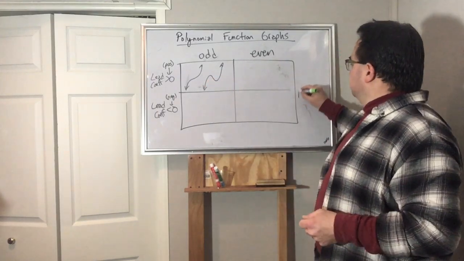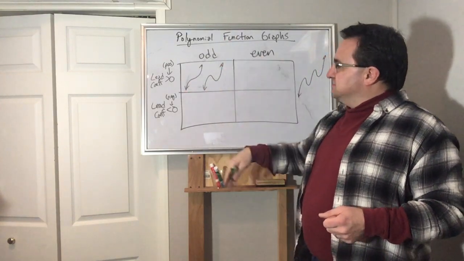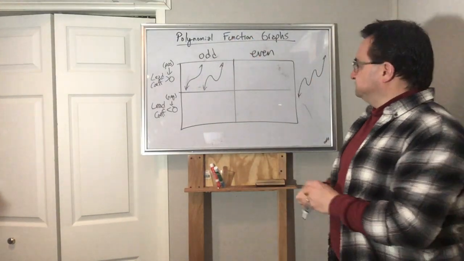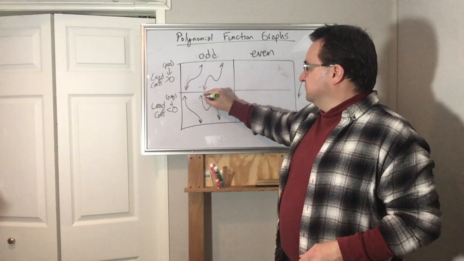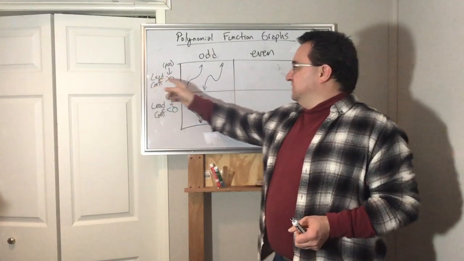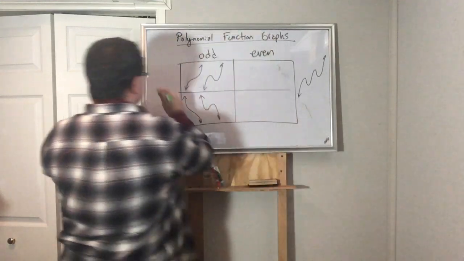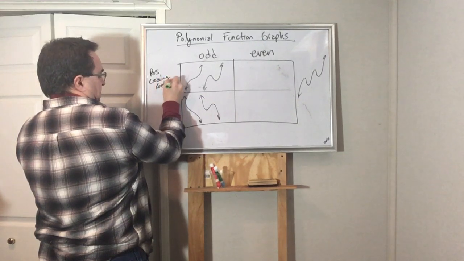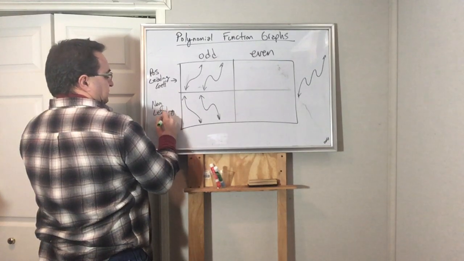Now, you can have multiple squiggles if you want to call them that, but notice how it starts low, ends high, kind of has that same look, although, you know, I'm playing around with the middle part there a bit. Or it could be the reflected versions of these. So that would be if it's odd degree, it's one of those two. And this is if it's a positive leading coefficient. This is negative. So I'm just going to write it that way. Positive leading coefficient, negative leading coefficient.